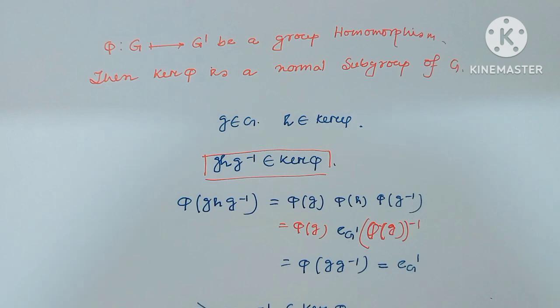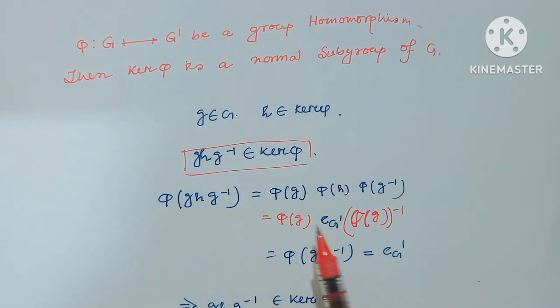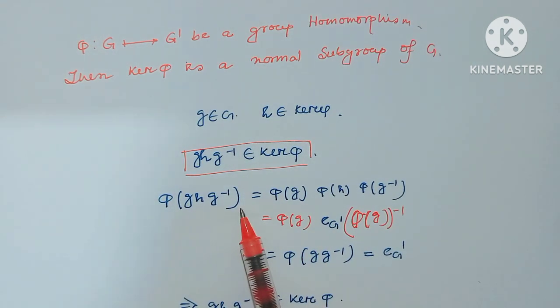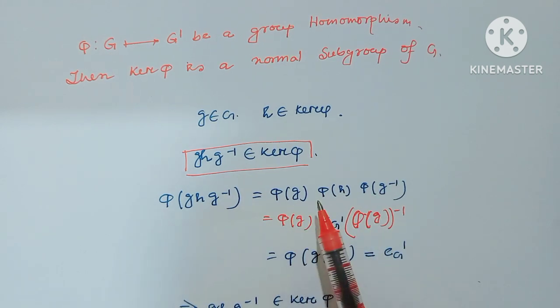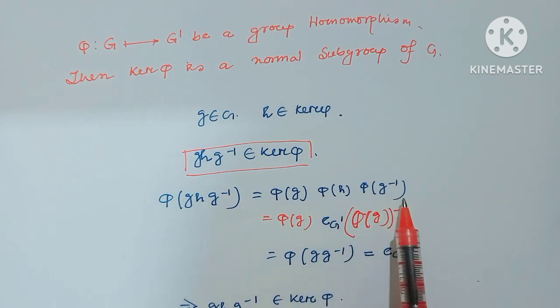Because we all know this part. Phi of g h g inverse, by the property of group homomorphism, is equal to phi g times phi h times phi g inverse.